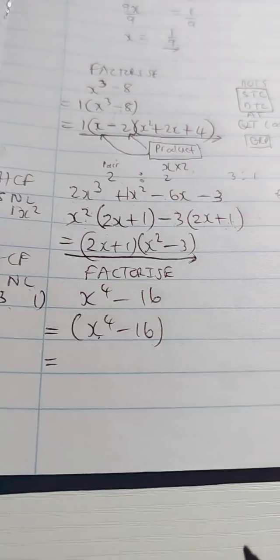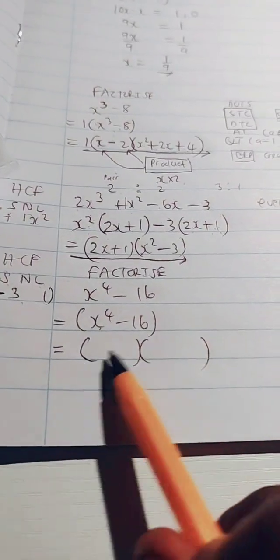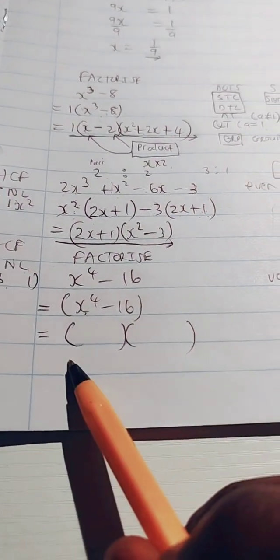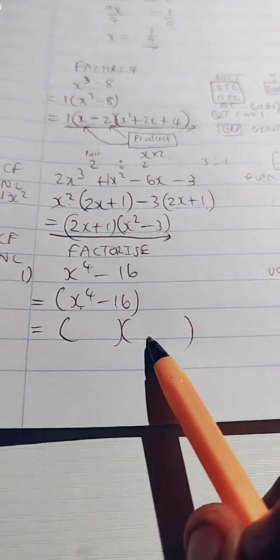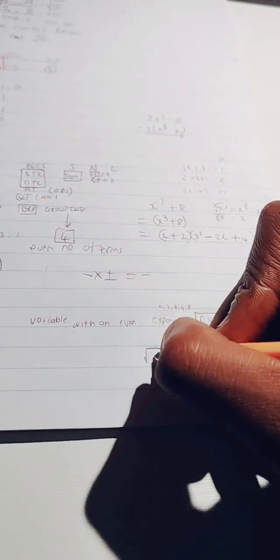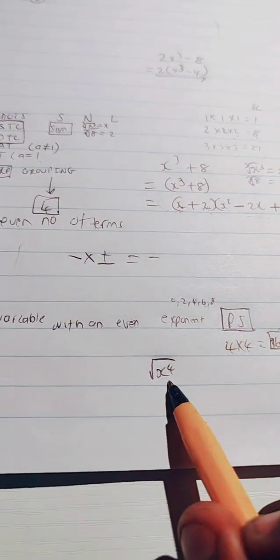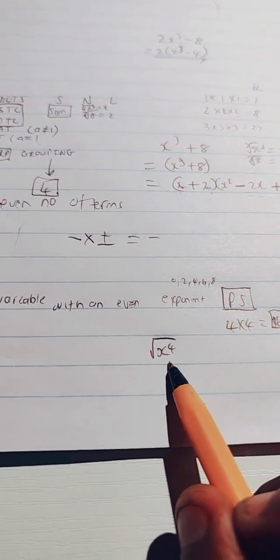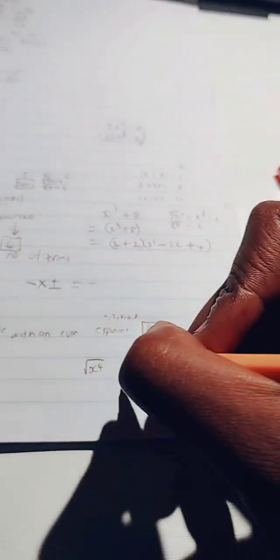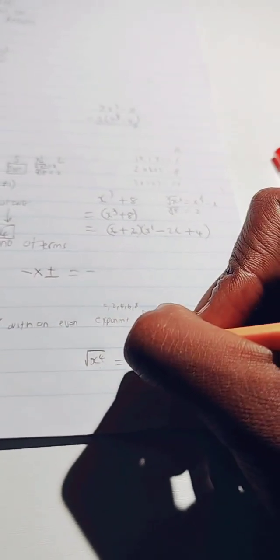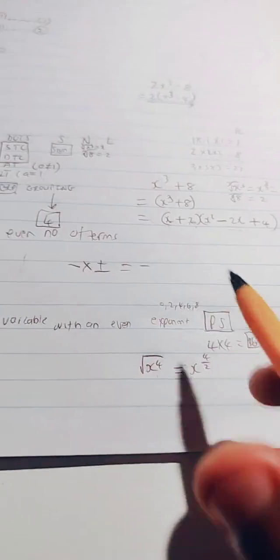That's why we say that. So what do we do with a difference of 2 squares? Guys, we open 2 brackets of 2 terms. And then what do we do? Since it's a perfect square, we take the square root of x to the power 4 to get the first term in each bracket. What is the square root of x to the power 4? It's x to the power 4 over 2.